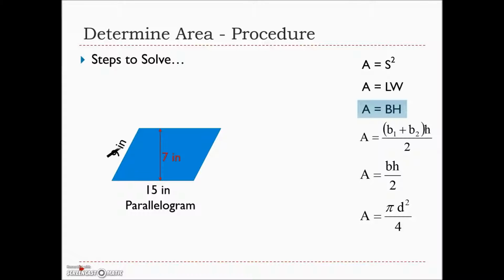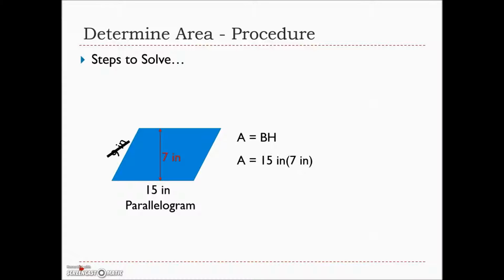So in this example, the 9 inches, that length of that slant edge, is not used. We're going to take our 15 base times 7 height, multiply together, giving us 105 inches times inches, square inches for the area of this parallelogram.